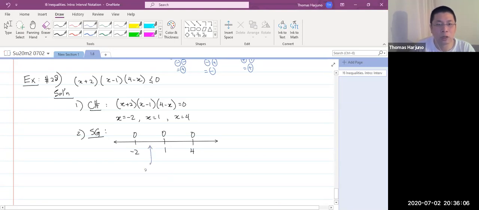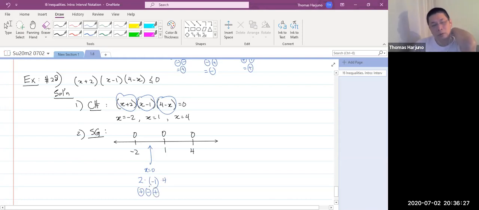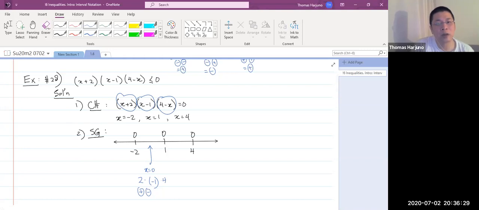So I do testing point x equals 0. When I plug in x equals 0 here, that will be 2. Here, that will be -1. Here, that will be 4. Actually, I just need the plus times minus times plus.